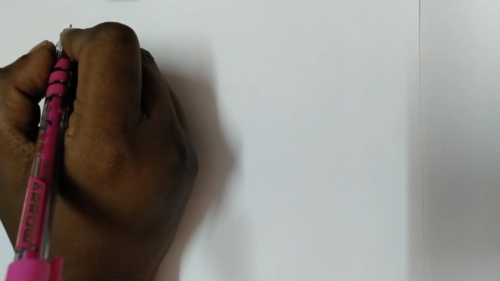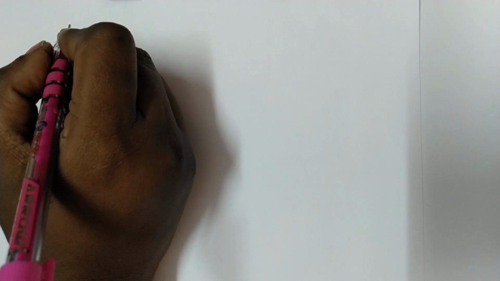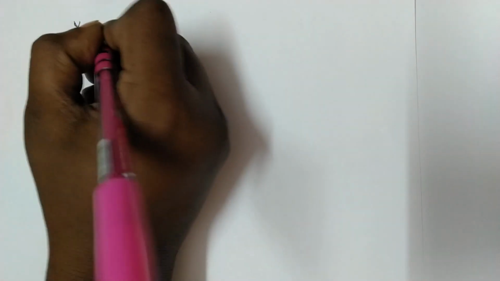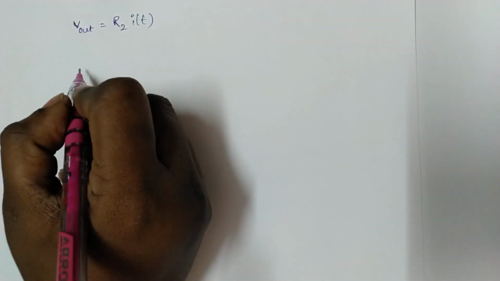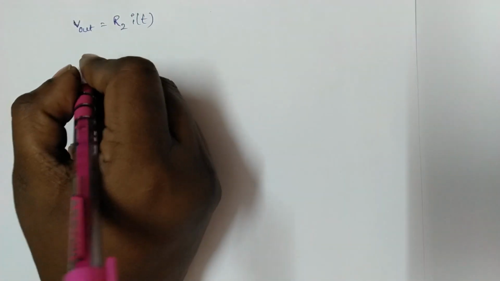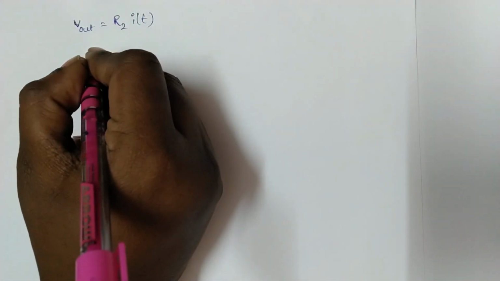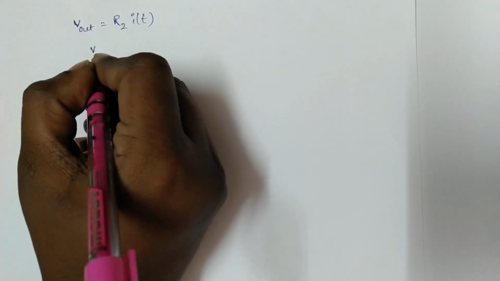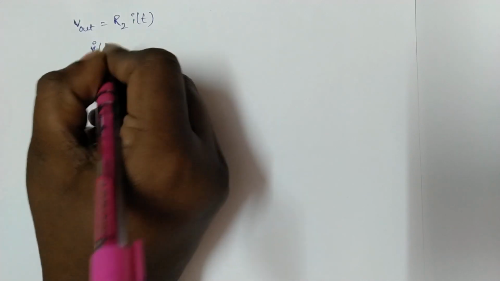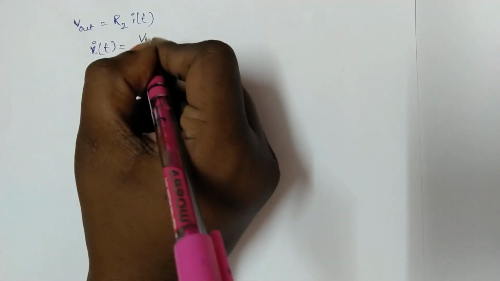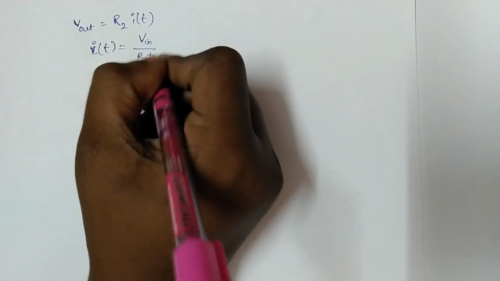Okay. So now the condition is V1 and V2. See here from the diagram, V output is collected across resistor R2, into I of t. And we know V input equals I of t into R1 plus R2, so I of t equals V input by R1 plus R2.